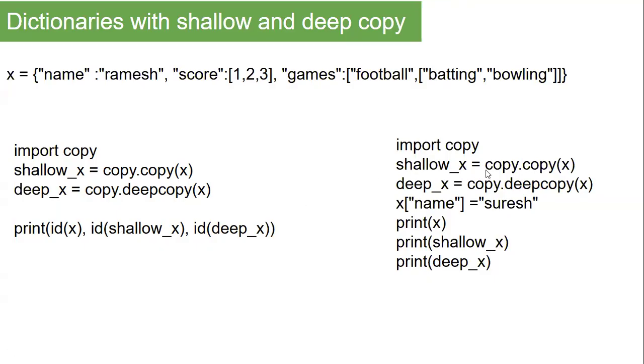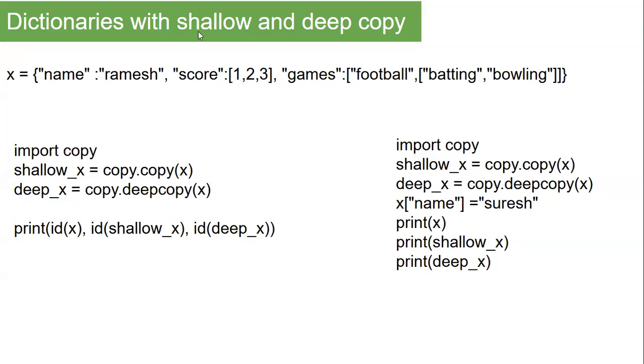And here what I am doing, x of name, I am setting equal to Suresh. Now tell me, here it is a nested list or zero index position data or integer, meaning an immutable thing. Okay, it is an immutable one. So x of name equal to Suresh means it will reflect only in the original object, or in shallow x and deep x also?